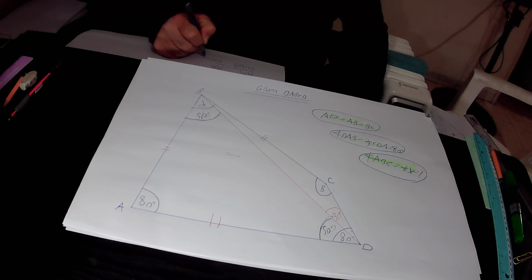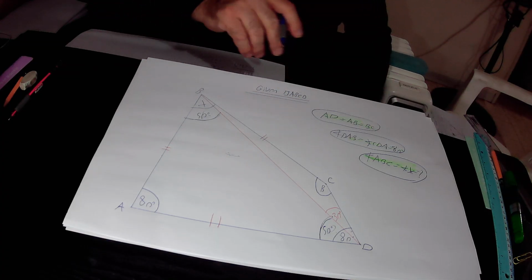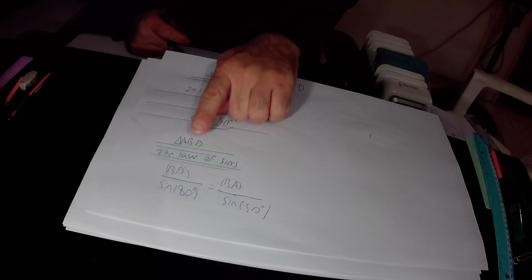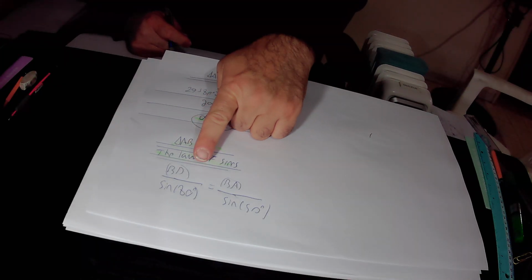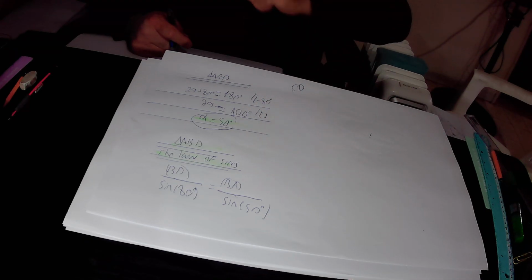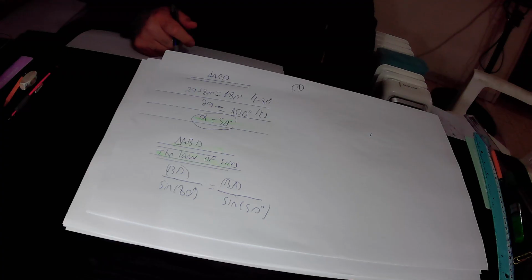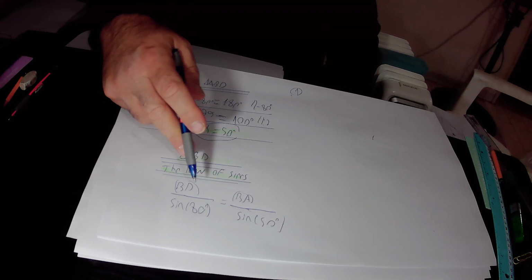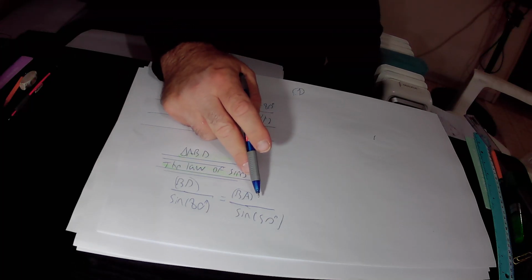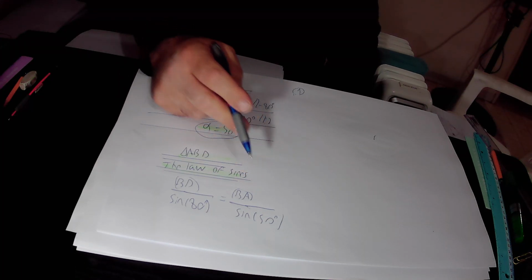Okay, again, according to the law of sines, in triangle ABD, BD over sine 80 degrees equals BA over sine 50 degrees. We will substitute 80 degrees by 2 times 40 degrees in this equation, and we will substitute 50 degrees by 90 degrees minus 40 degrees.